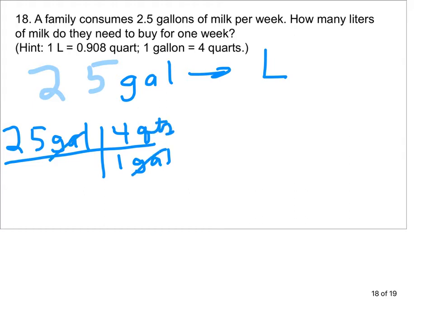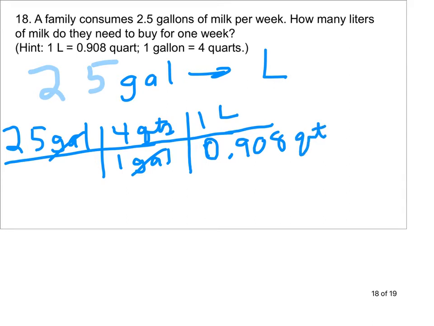Gallons divide out gallons. And then 1 liter, the other conversion factor, is 0.908 quarts. Quarts divide out quarts, and then we do a little multiplying. 2.5 times 4 divided by 0.908. Go into our calculator, doing that multiplication and division, and we're going to keep 2 sig figs. That's going to round to 11 liters per week.